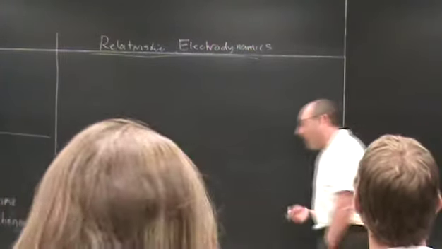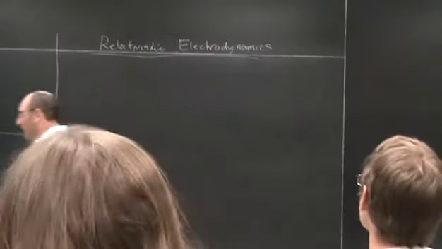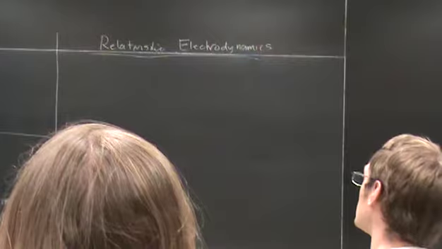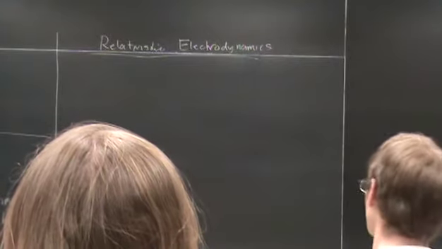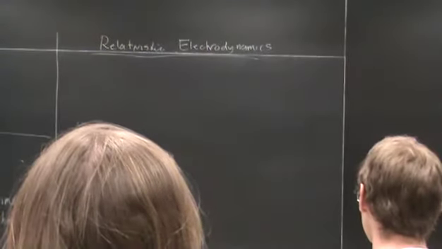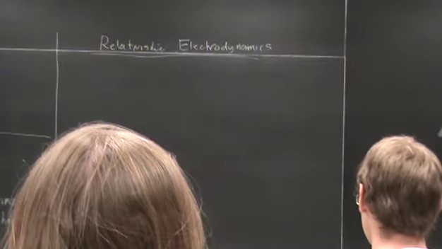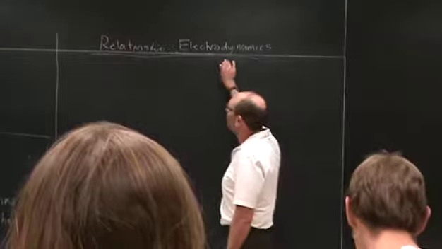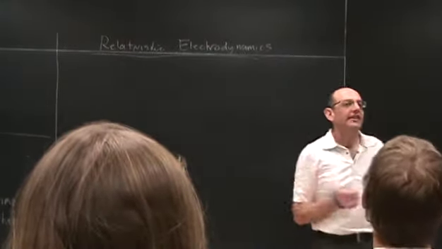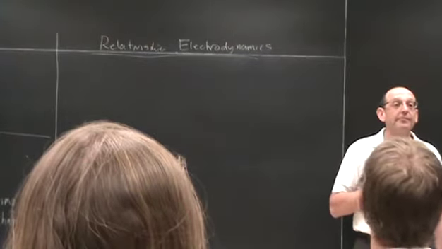And as we all know now, and it's commonplace knowledge, the speed of light is the speed of light in all reference frames. And so today what I want to do is just very quickly review relativistic dynamics so that we can get to the subject of relativistic electrodynamics pretty rapidly, okay?